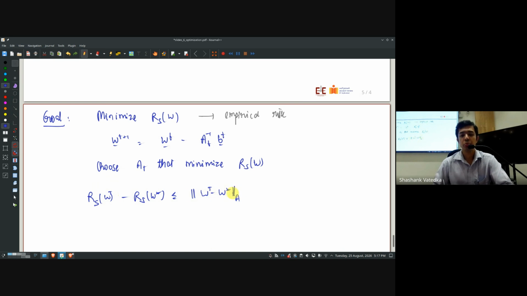I'll let you know what this norm subscript A means. Plus, sorry, there should be a rho here. This is 1 by 2 rho plus rho by 2 times the summation t equal to 0 up to t minus 1 of bt norm squared subscript A inverse.